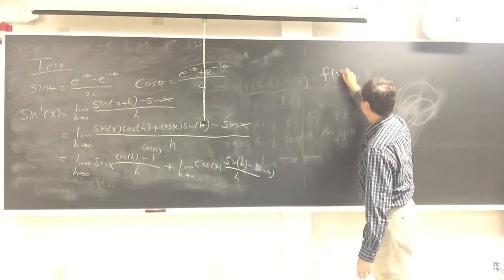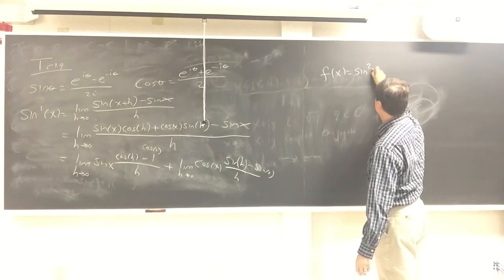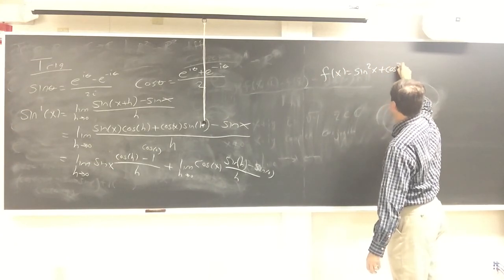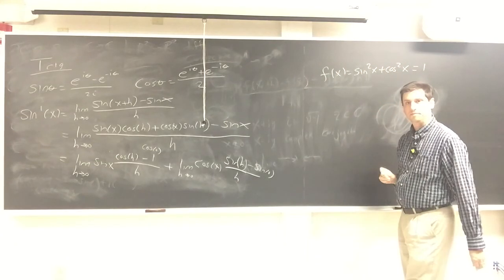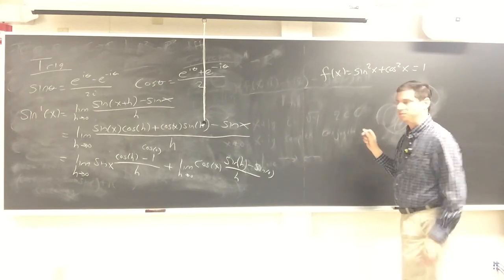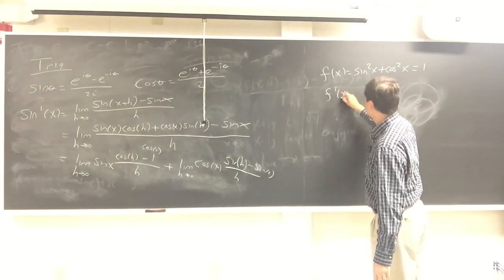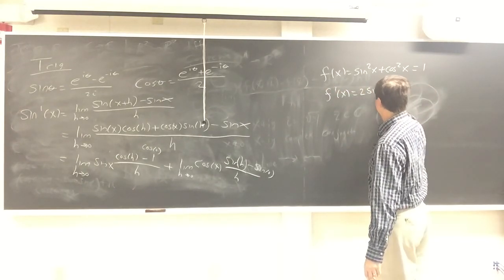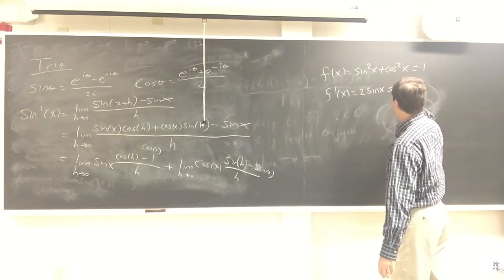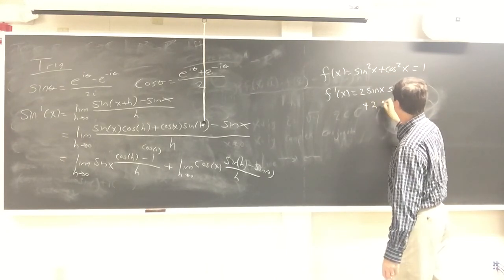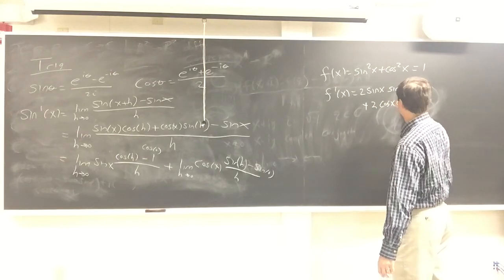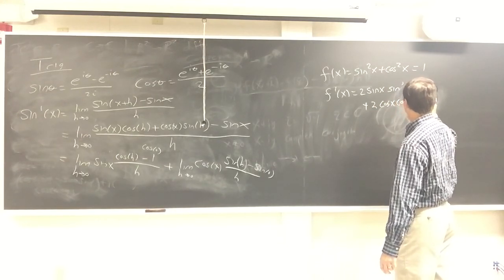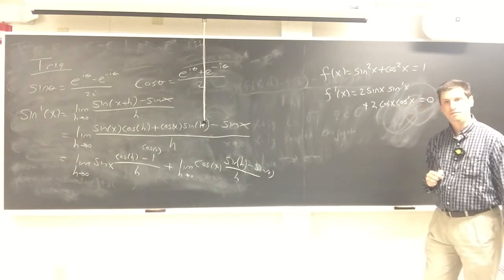So let's say f of x is sine squared x plus cosine squared x equals 1. Let's assume sine and cosine are differentiable. f prime of x is 2 sine of x sine prime of x plus 2 cosine of x cosine prime of x equals 0.